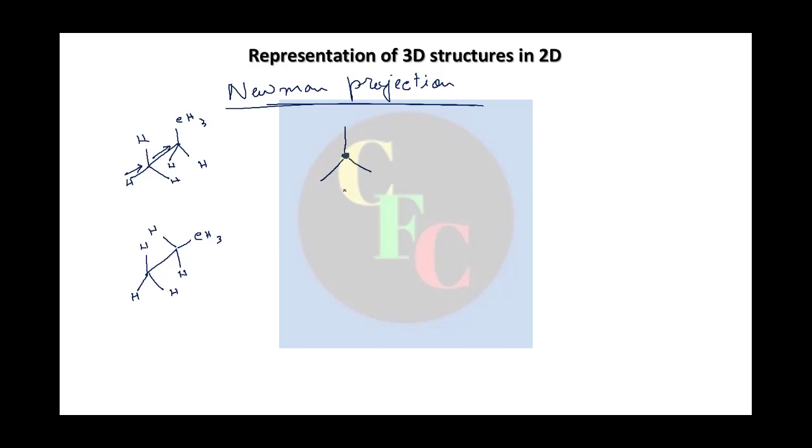Okay. The carbon which is behind is drawn as a circle. So this one is the back carbon, and this one is the front carbon.